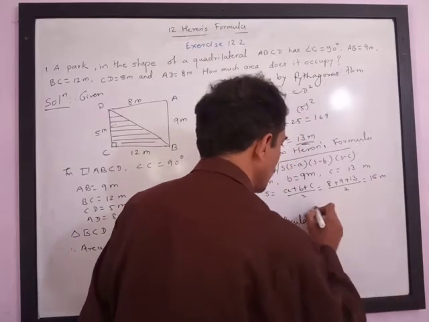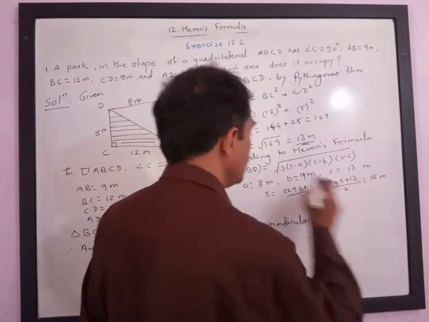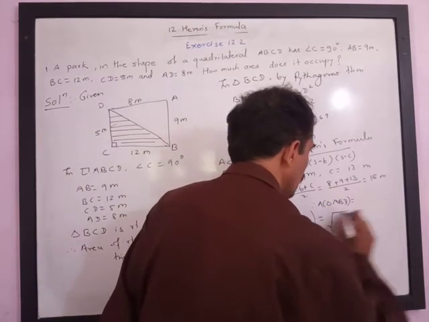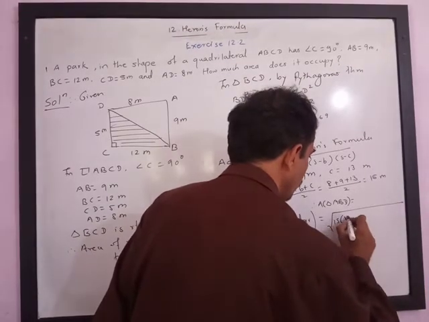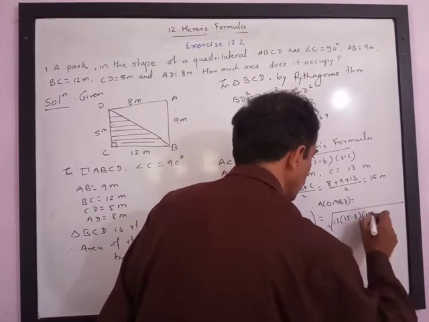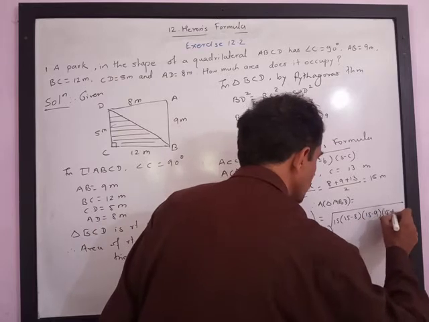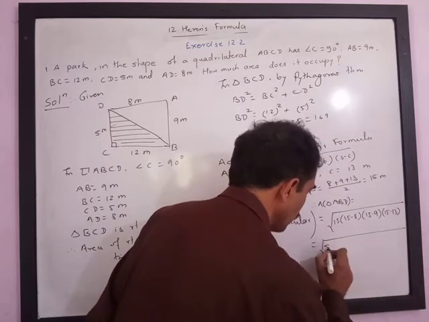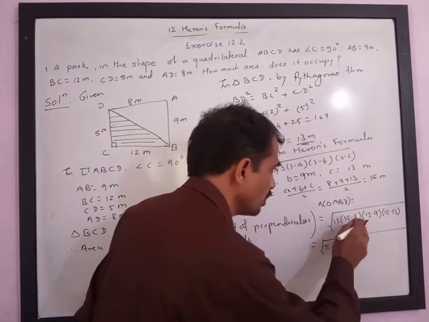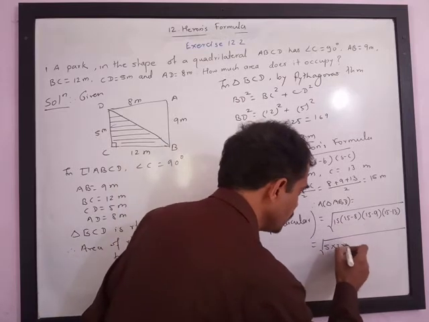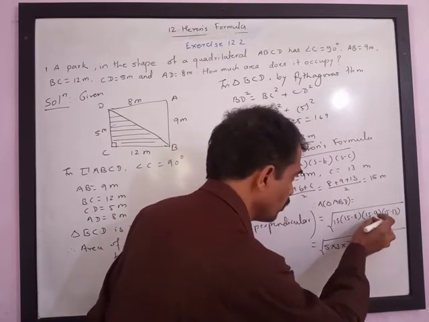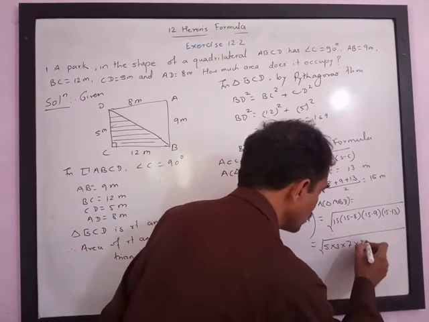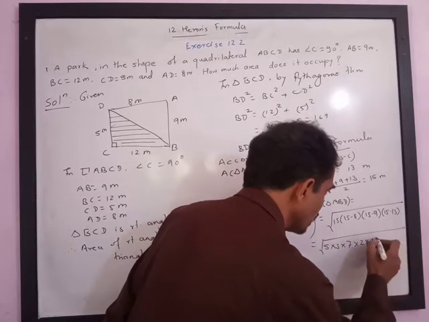Therefore, area of triangle ABD is equal to under root 15 in bracket 15 minus 8 in bracket 15 minus 9 in bracket 15 minus 13. Let us factorize this. 5 into 3 is 15, 15 minus 8 is 7 into 7, 15 minus 9 is 6, means 2 into 3, and 15 minus 13 is 2.